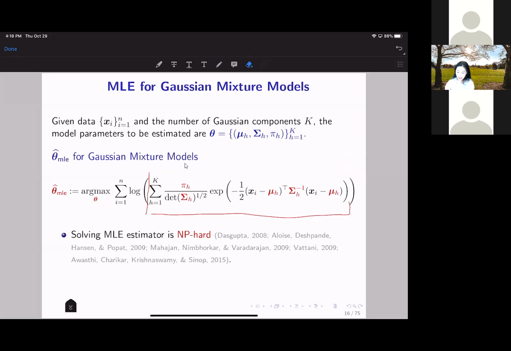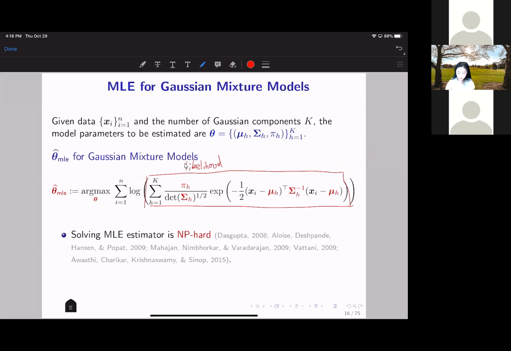So it is also the likelihood. Now this is the likelihood. Right?